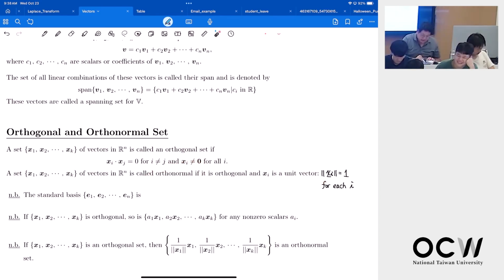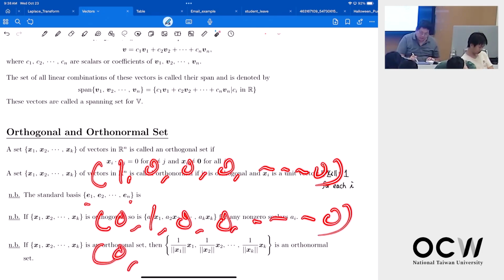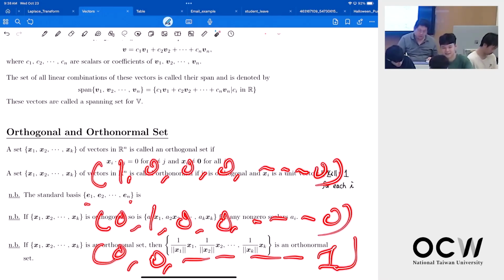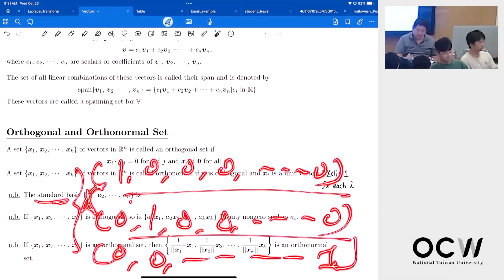For example, the standard basis E1 to En. E1 means 1, 0, 0, 0. E2 is 0, 1, 0, 0. And the last one will be 1. This is also called the standard basis. Those standard bases are orthonormal because if you take any two vectors and do the dot product, they'll be 0, and also the norm of each vector is 1.